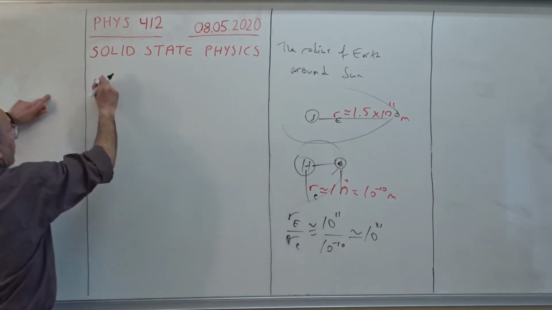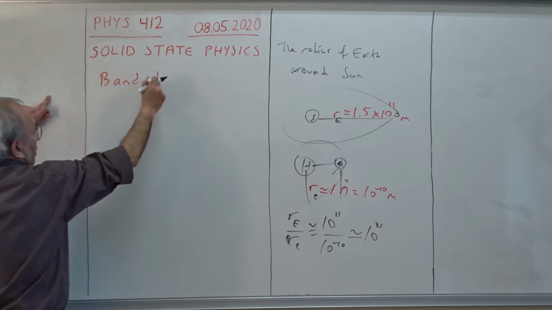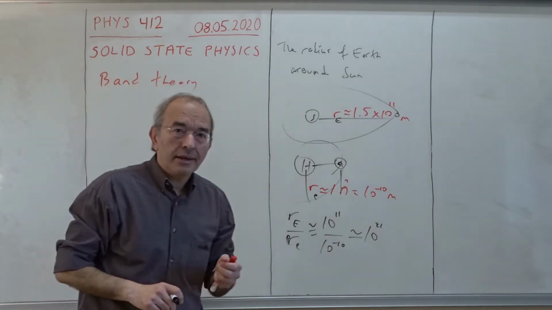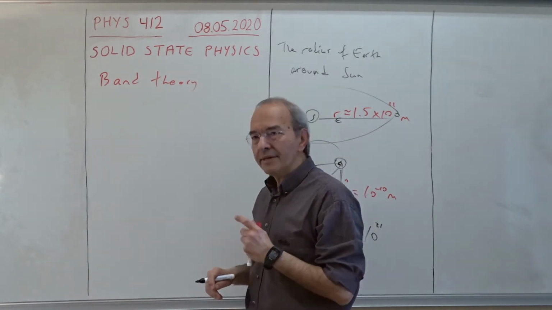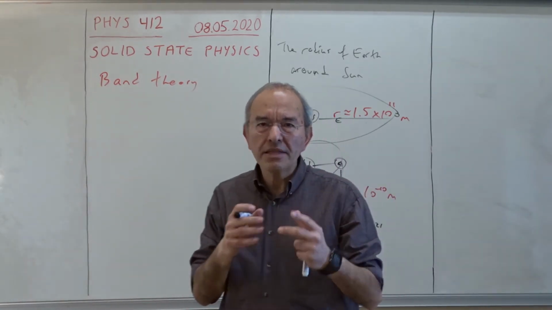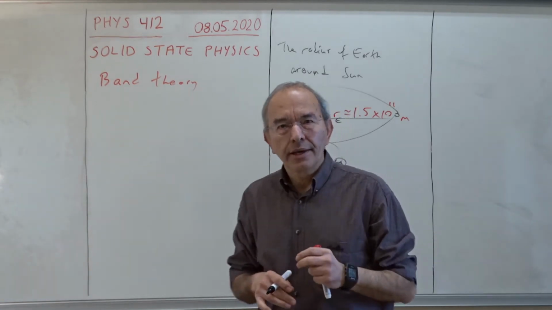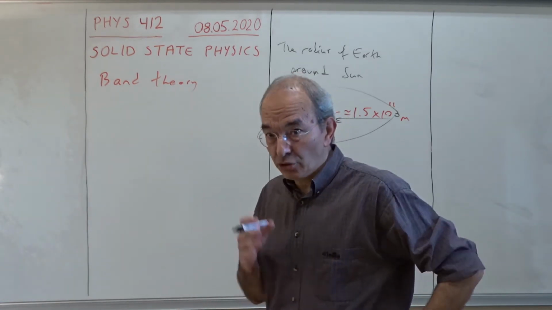Band theory. Instead of a semiconductor, let us first consider a metal, a simple metal, such as sodium that we have already considered to some extent. Sodium.